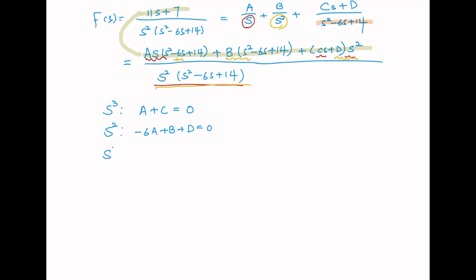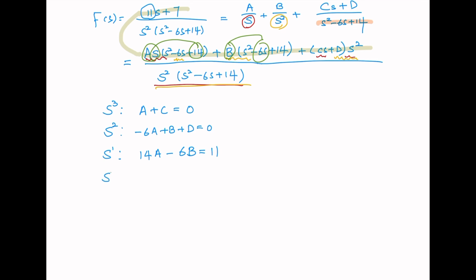And then the s terms, we have A times 14, that's the s term, and then B times negative 6, and then there's no s term in the third. Therefore, our s term is going to be 14A minus 6B equals 1. That's what we have in the s term.